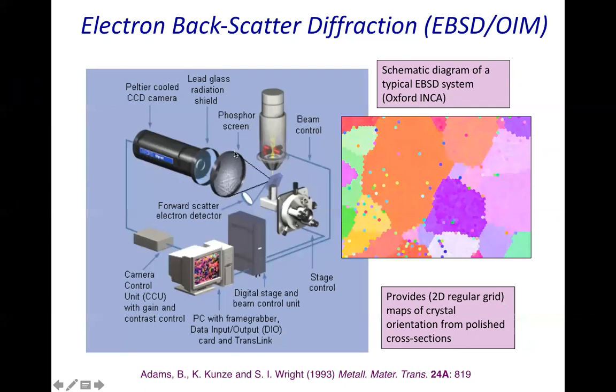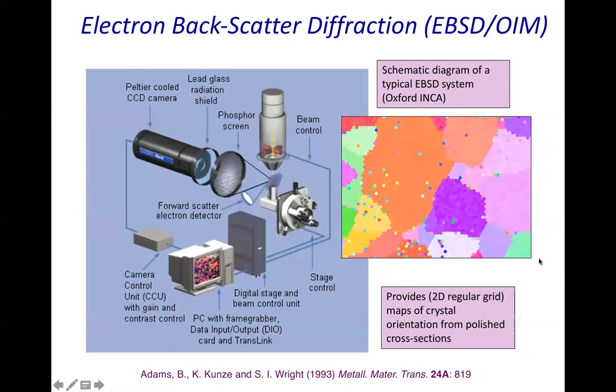The big thing in the 90s when this was developed was that computers finally got fast enough and people got smart enough to have automatic indexing rather than one person doing it by hand. And what that gives you out is a spatial map of the grains and orientations.